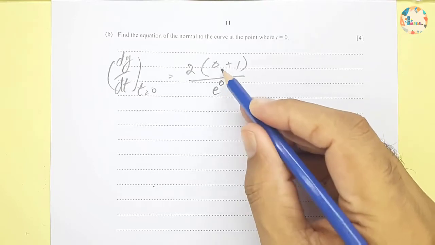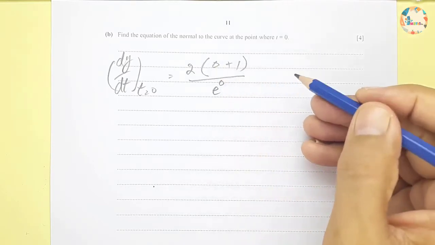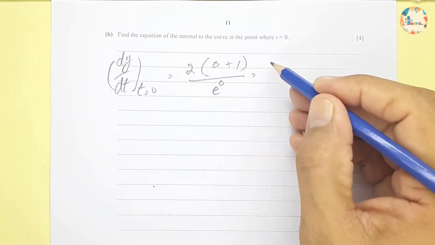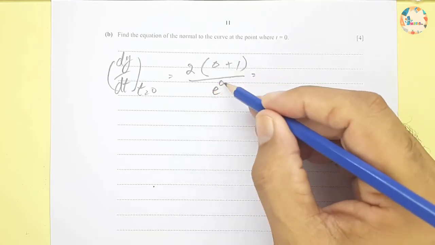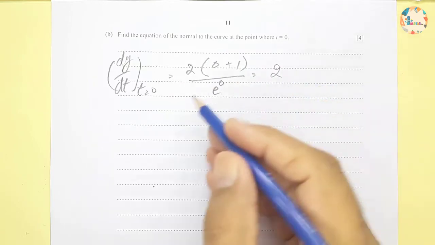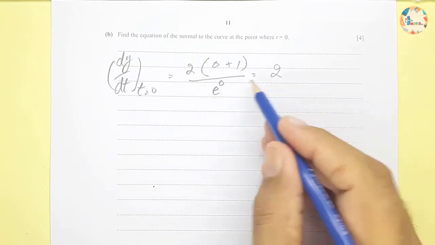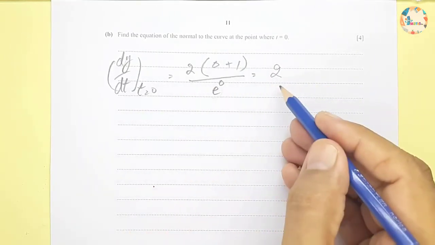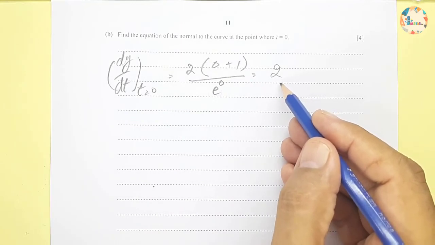So we have replaced t is equal to 0 in the previous part's answer, and e raised to 0 will be 1, so this will be 2 only. So now this is the derivative at t is equal to 0. This is the gradient at t is equal to 0.